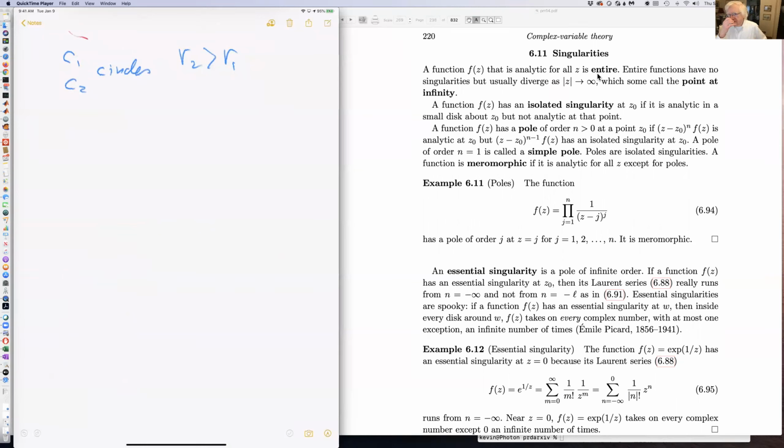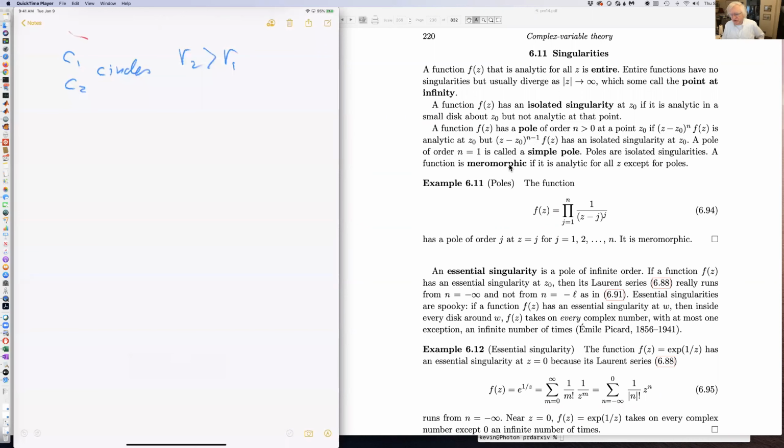So a function that's analytic everywhere, as I said, is entire. A function has an isolated singularity at z0 if it's analytic in a small disk about z0, but not analytic at z0. And we say a function has a pole of order n if (z - z0) to the n times f is analytic at z0, but (z - z0) to the n minus 1 times f has an isolated singularity at z0, and a pole of order n equals 1 is called a simple pole.